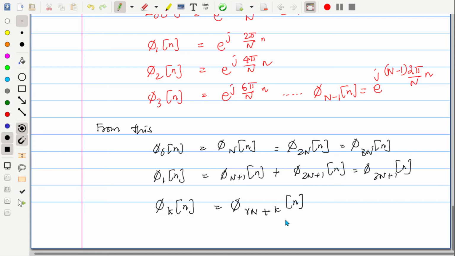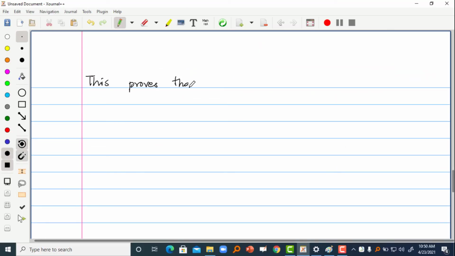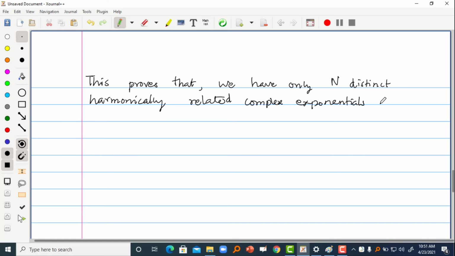When we change the k value by an integer multiple of N, like N, 3N or 4N, we get the same signals again and again. That means the fundamental is equal to the Nth harmonic, and the first harmonic φ1[n] is equal to the (N+1)th harmonic, and so on. That means we have only N distinct harmonics in the range −π to π in the case of discrete time complex exponential signals. This is a very important result, which is very different from the continuous time case.